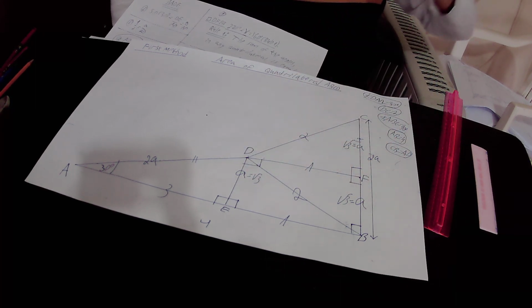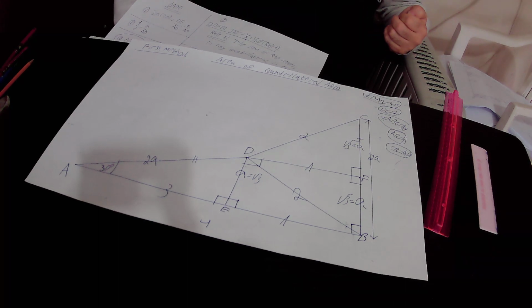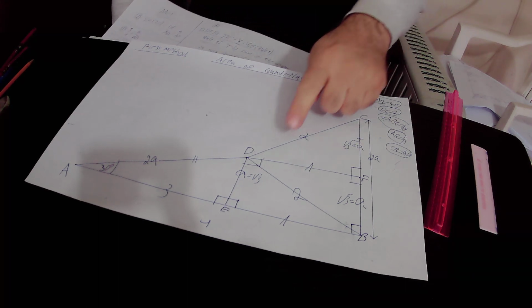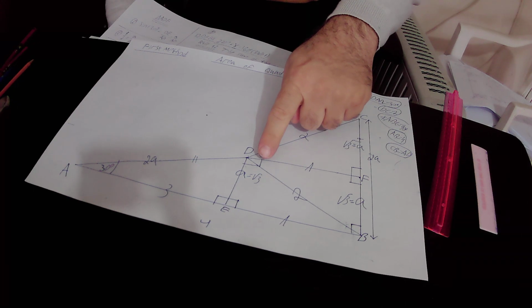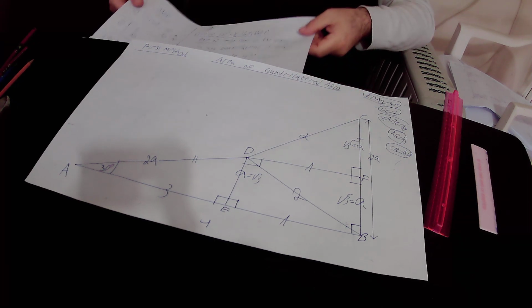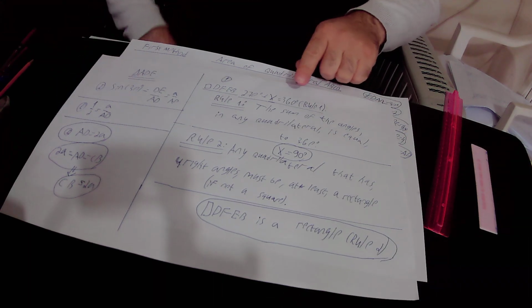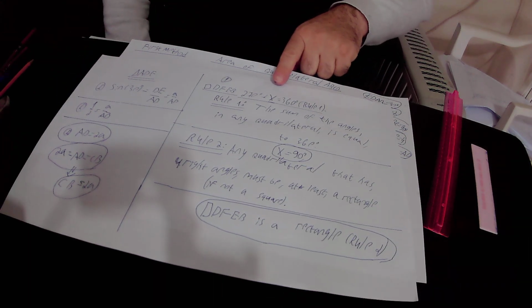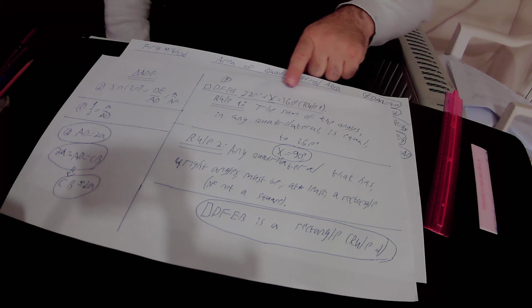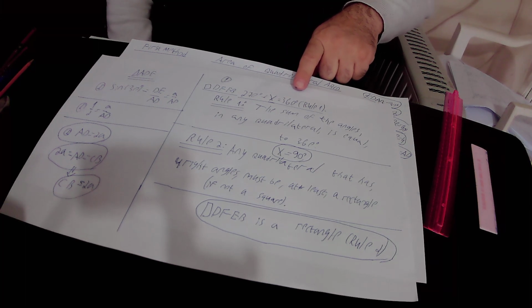The sum of three right angles is 90 times 3, which is 270 degrees, plus the size of the fourth angle, that is angle x. In total, 270 degrees plus the size of angle x must be equal to 360 degrees according to rule number 1.